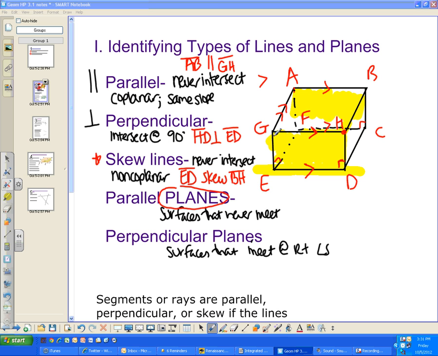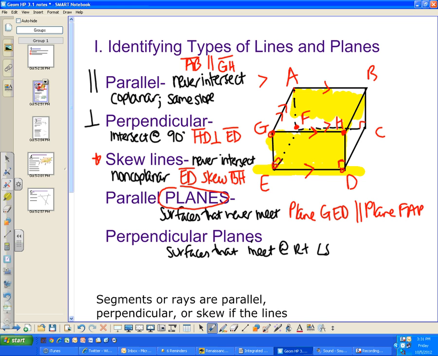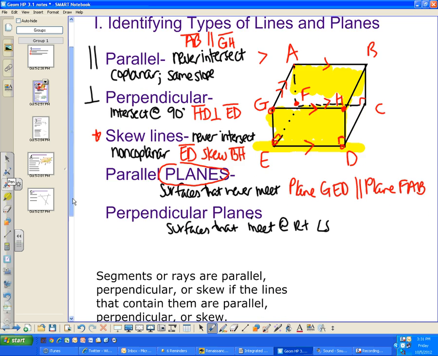So I'm going to pick any 3 points from this plane that I want to, and I'm going to call it GED. So plane GED is parallel to this back plane, and you can pick any points you want, any 3 points. So FAB, plane FAB. If I wanted to say that 2 planes were perpendicular, instead of using a parallel, I would just use a perpendicular. So let's practice that really fast.